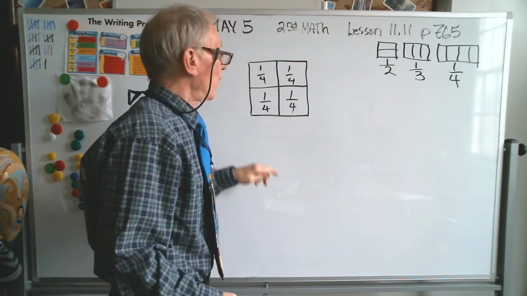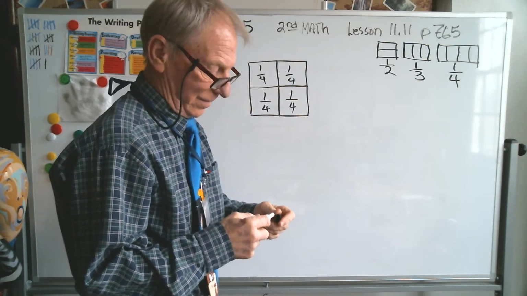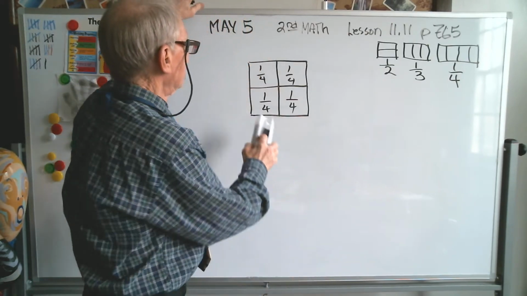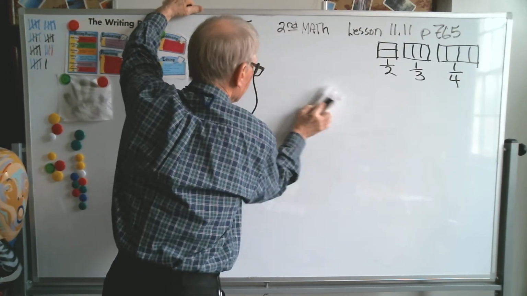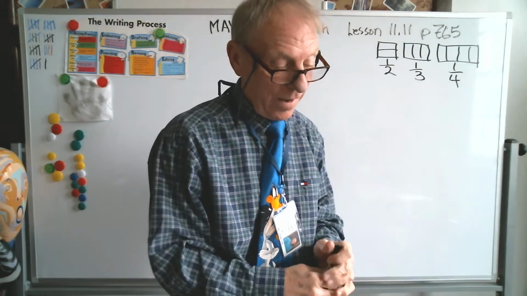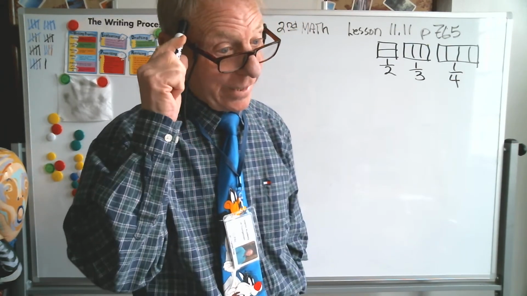Altogether, you got 4 equal divisions of that square. That wasn't hard. Let's look at number 7 where we got to go a little deeper.